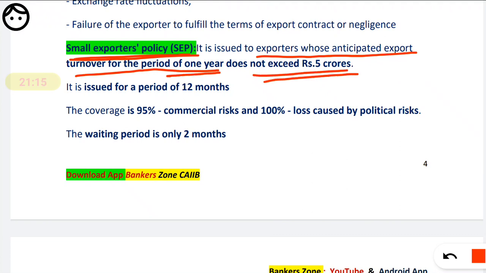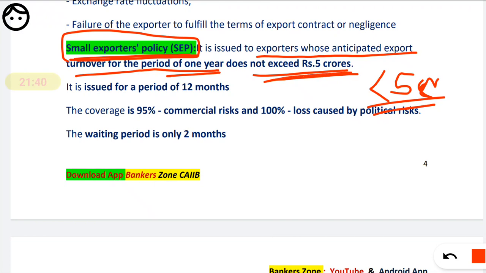That means for the exporter whose turnover is less than 5 crore, the policy issued by the ECGC is called the small exporter policy. They may ask an MCQ on the limit of the exporter's turnover to issue a small exporter policy, so remember it is 5 crore.